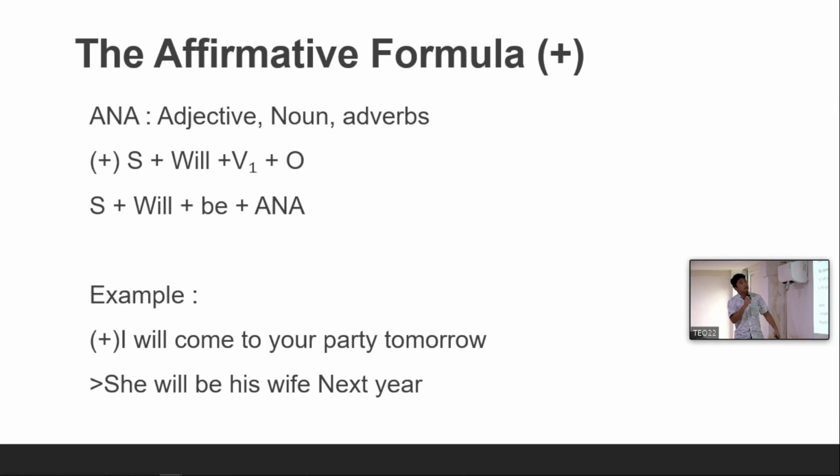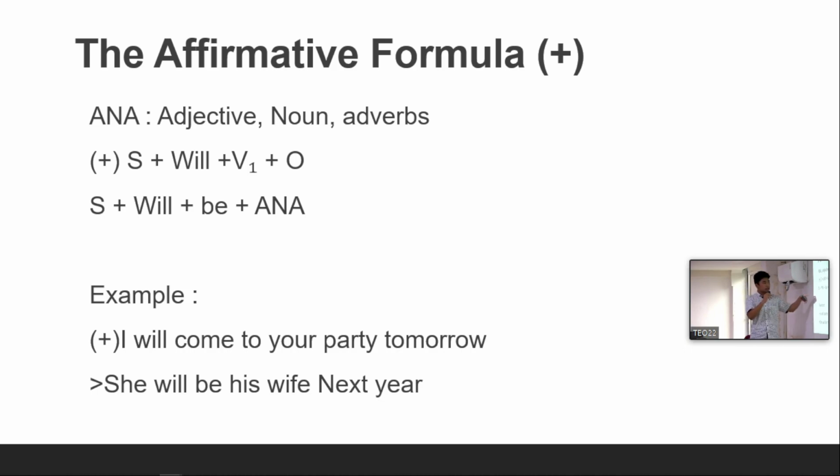Next slide. So this is the formula for the simple future tense. This is the affirmative formula. The formula is subject plus will plus verb 1 plus object. So this is for the verbal formula, and the below is for the nominal formula.